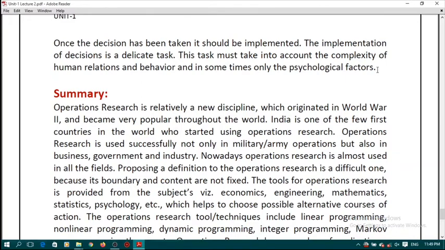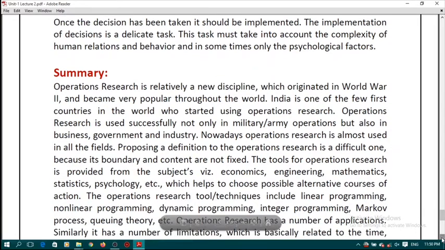It is a very calculated decision, but to implement that decision is a delicate task. And you read so much news about the emotional factors or emotional results of those decisions and different aspects. So implementation of a solution is actually a critical task.